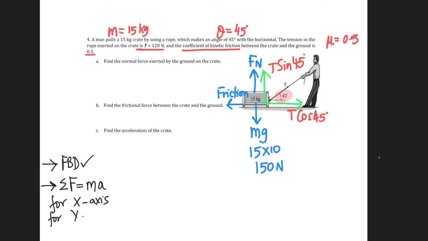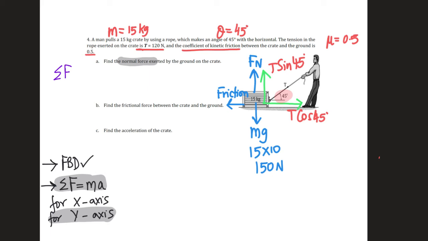That's what we will do next. In part A it's asking for the normal force, which is on the y-axis. So we are going to apply sigma F equal to ma for the y-axis.